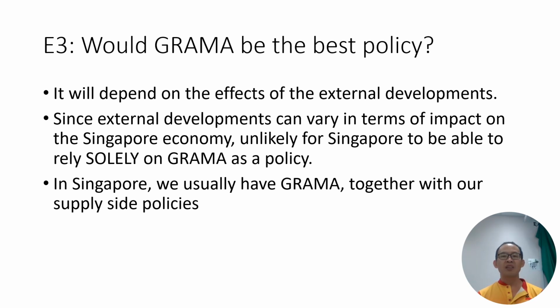They can vary in terms of impact on the Singapore economy. So it's unlikely for Singapore to be able to rely solely on GRAMA as a policy, because all these external developments can impact all kinds of ways. So in Singapore, we usually have GRAMA together with our supply side policies.